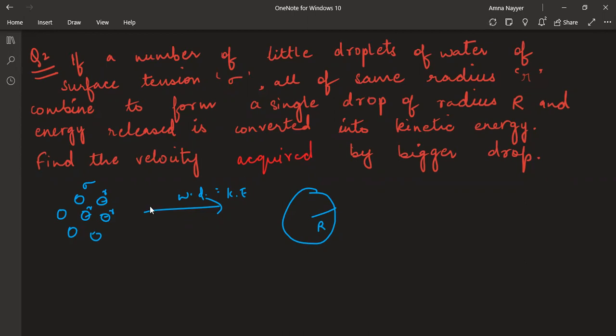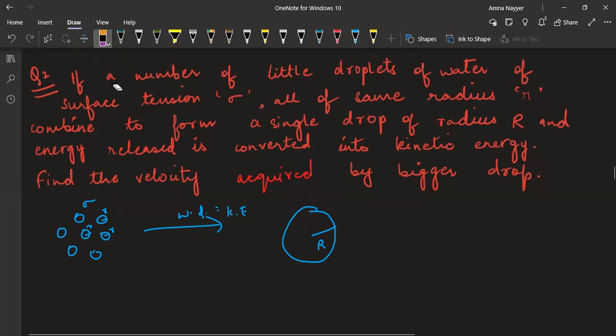So it's better if we find the relation between the radius of the big drop and the small drop. The number of droplets is not mentioned, so make it a number, otherwise it will become very confusing.